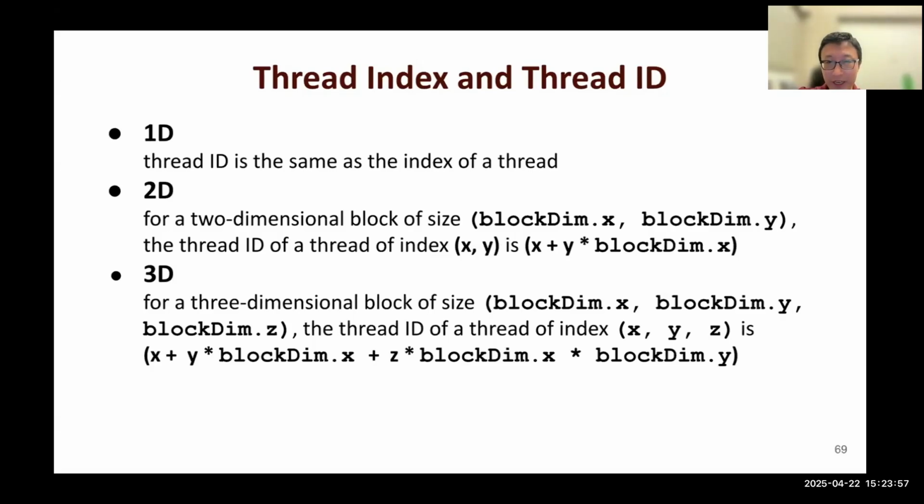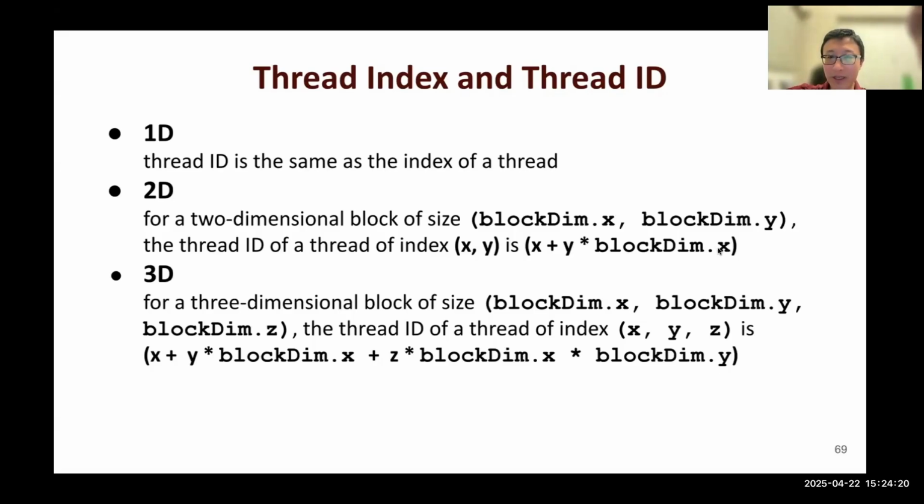You multiply depending on whether it's row-major or column-major. Since we are dealing with C, it's row-major. So your dimension X is essentially how wide your matrix is, and the total index is X plus Y times block dimension X. The reason is Y is the number of rows, and block dimension X is the total length of your row.